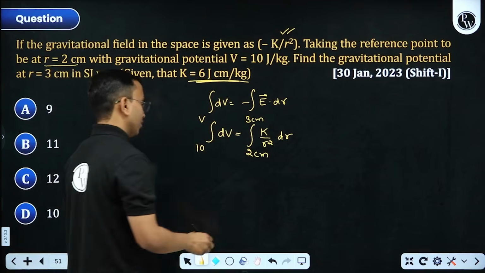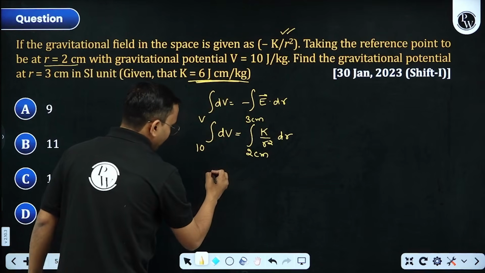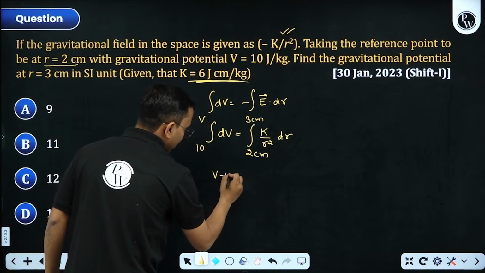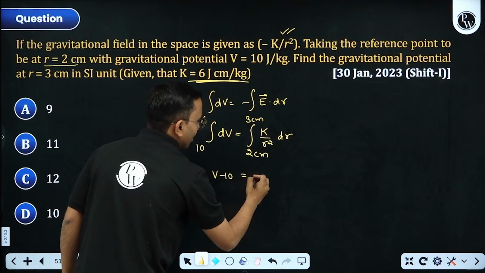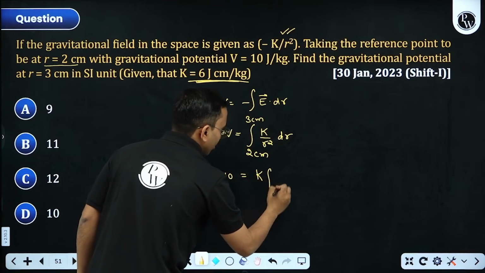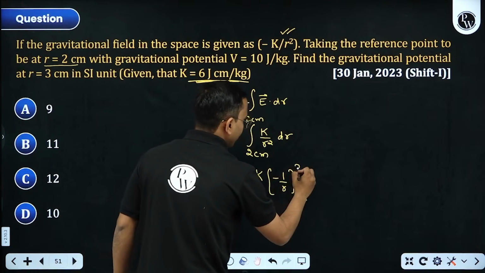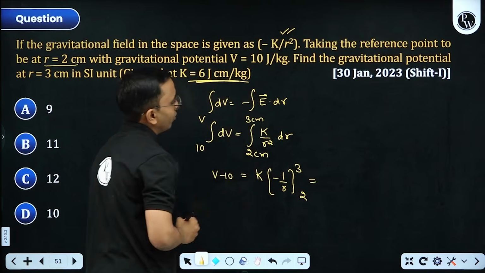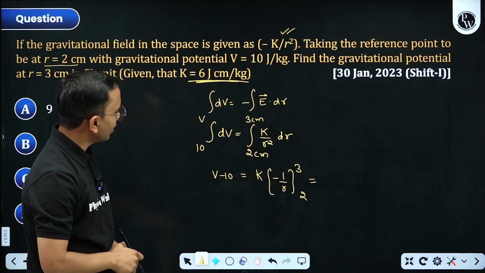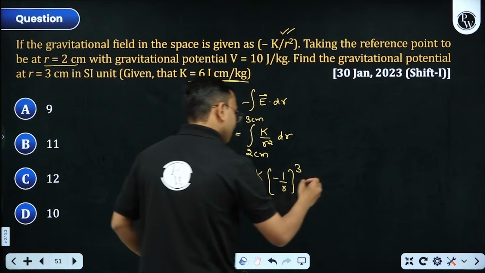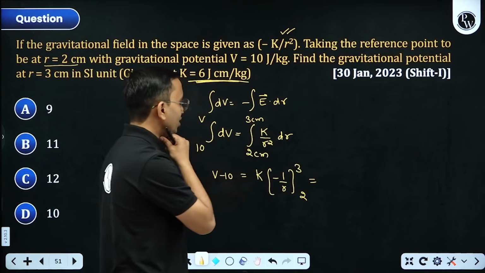Okay, so be careful. So when I solve this, it will become V minus 10. It is equals to, K is my constant. I'll take out minus 1 by R. It will go from 2 to 3. So this will become what? Everything is fine. Yeah. So this will become minus K. This will become 1 by 2 minus 1 by 3. Yeah.